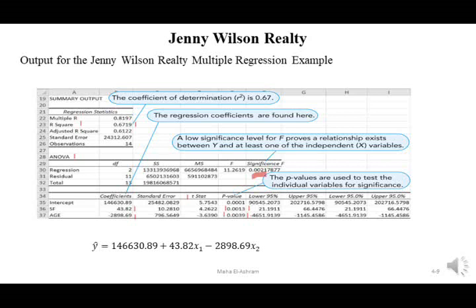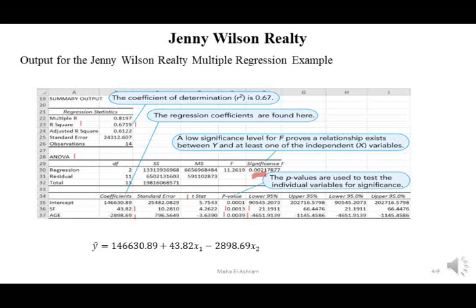I can test the significance of the relation based on ANOVA. If the p-value is smaller than alpha, we reject H0 and accept H1, which says that the relation is significant. If the p-value is larger than alpha, we accept H0, which means that the model or the equation is not significant.